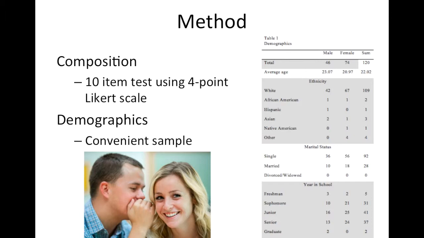There's the breakdown here of the ethnicity, the marital status, and the year in school of each participant. The sample was passed out using Facebook and other social media, as well as distributed in each of our different ward Facebook pages, so a lot of our own ward members were able to take the survey and help us out with this.